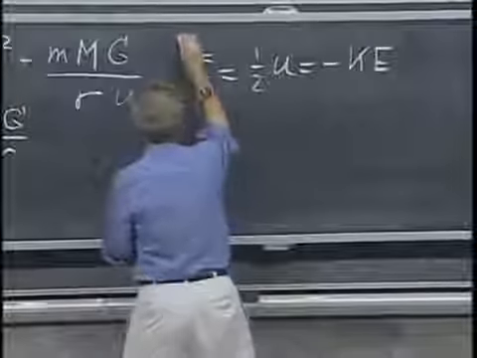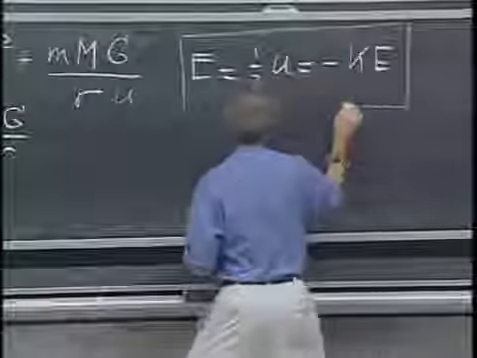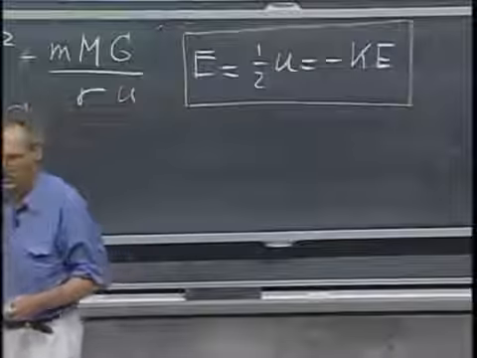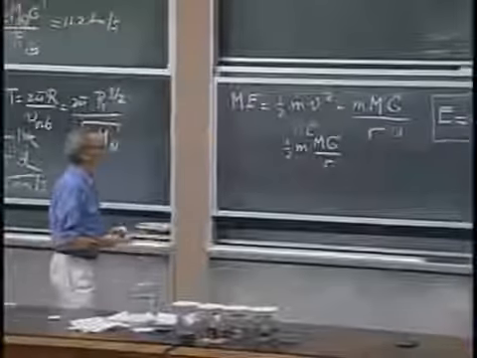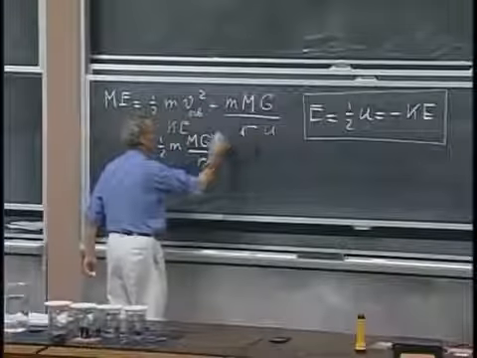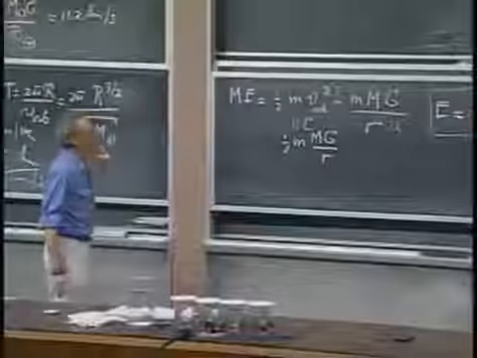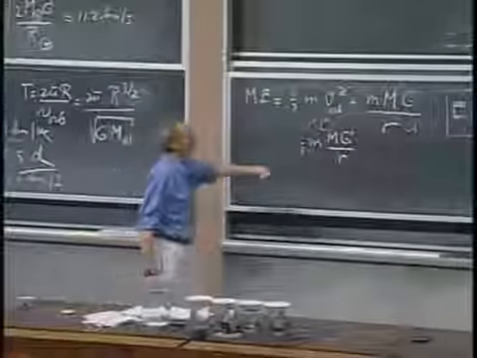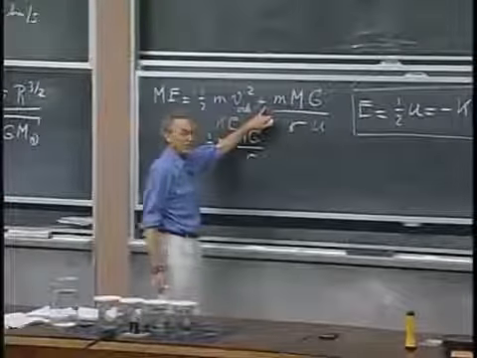A remarkable coincidence, you would think, but it's not as much a coincidence as you think, of course. If something is in orbit at the orbital speed at radius r, then its total energy is always half the potential energy. It's always negative.